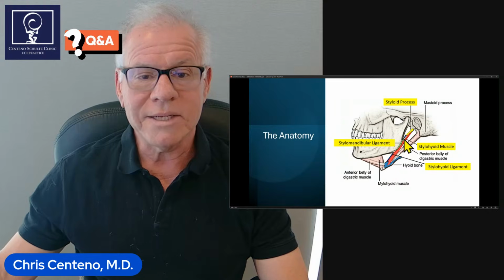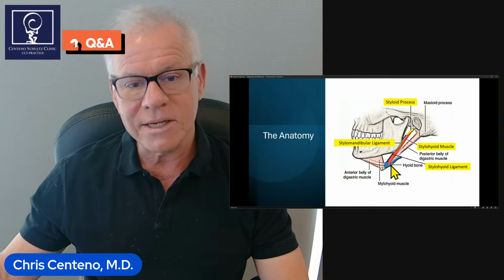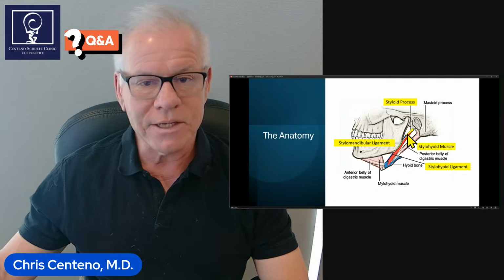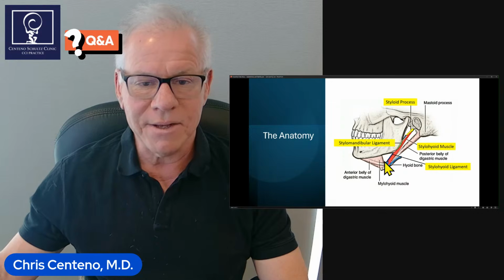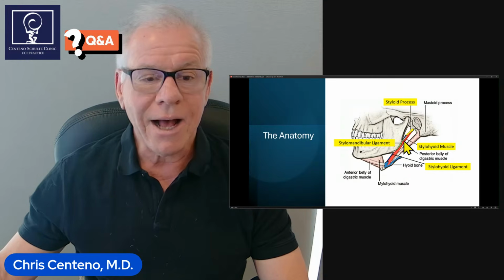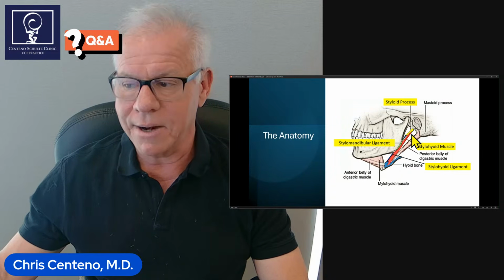Now, when we say someone needs a styloidectomy, what we see basically is not that the styloid is long, really, although that's the common conception, but it's that the stylohyoid ligament, meaning the ligament between the styloid process and the hyoid down here, has calcified. So the ligament looks long, but it's really not.